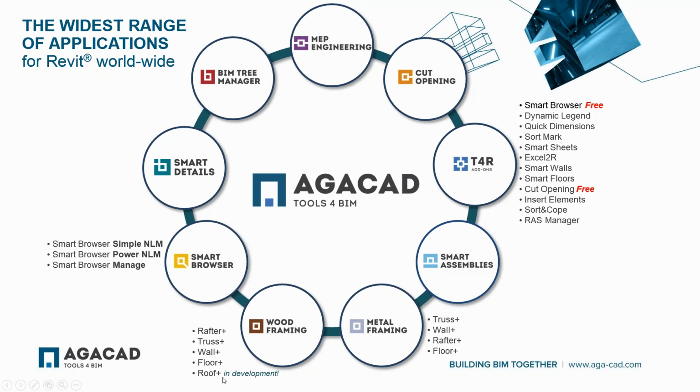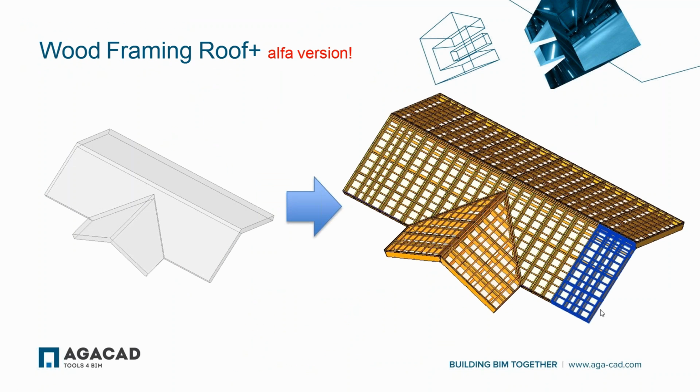Actually, a few months ago, and actually for some period of time, I was always saying that the Roof Plus is under development now. So today I want to show you results with what we get at the moment, and now we have actually very good news, because now we have alpha version of the wood framing Roof Plus, and here you can see the results.